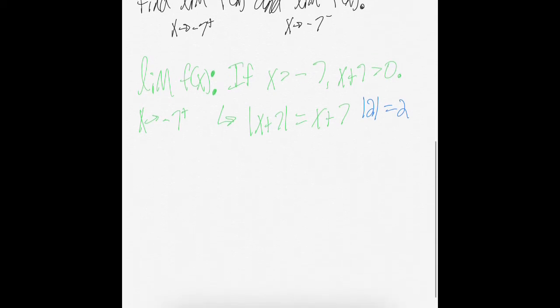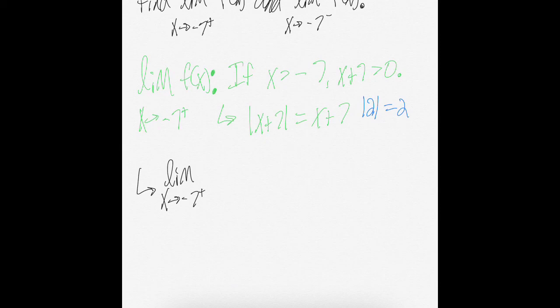Okay, so with that in mind, we can see that the limit as x approaches minus 7 from the positive side, well, f of x was x plus 10 times absolute value x plus 7 over x plus 7. Now we can drop those absolute value bars.